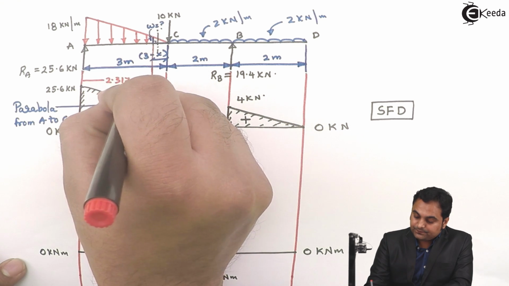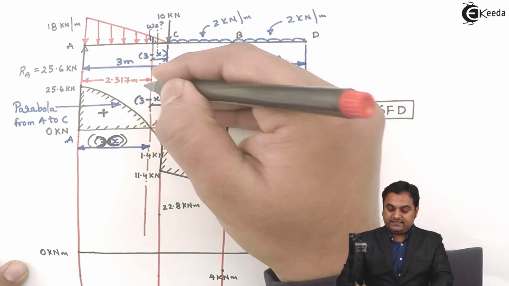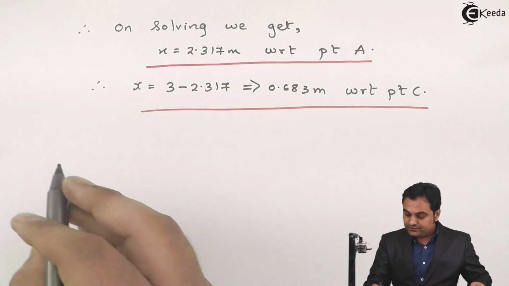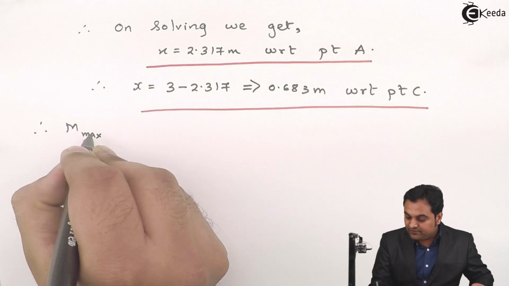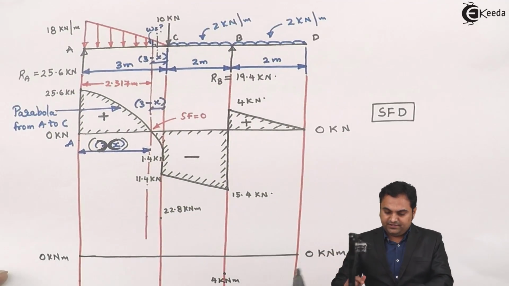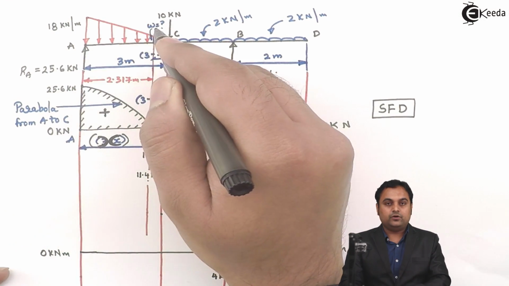At 2.317 meter, I will be taking the moment at this section, so that will be called the maximum bending moment. So hence maximum bending moment, M max, will be equal to, now if I see here, this is my section, to the left of that RA will be producing clockwise moment.